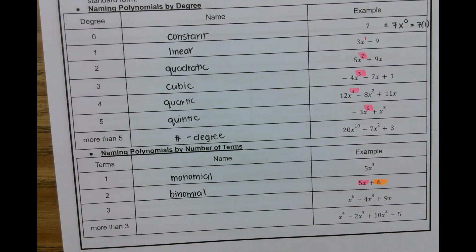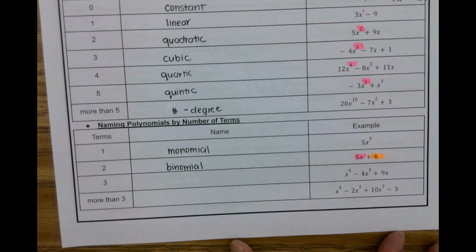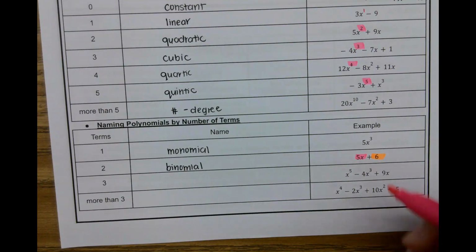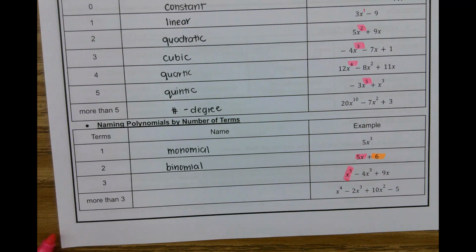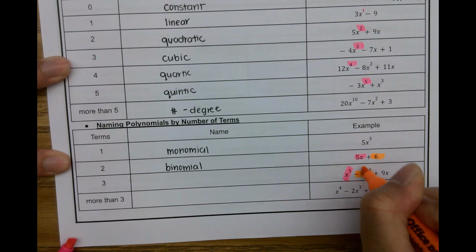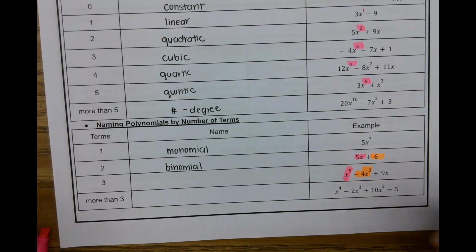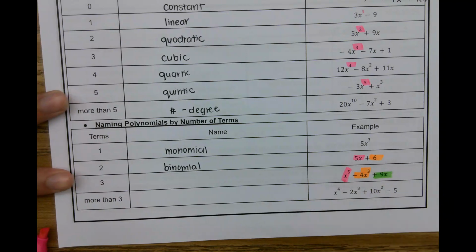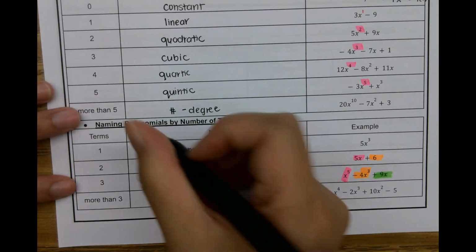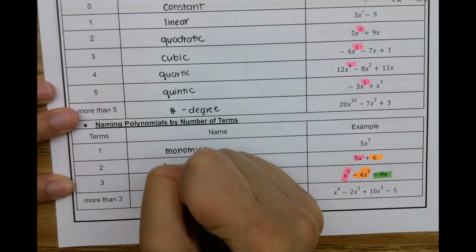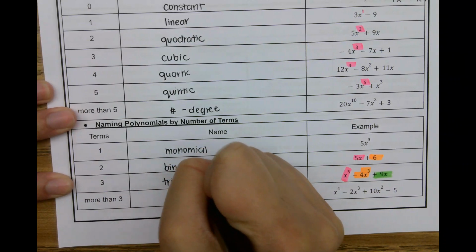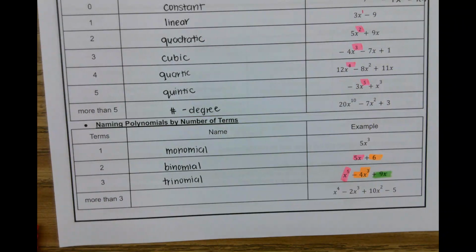When it has three terms, again, terms are separated by the addition and subtraction sign. So here we have one term, two terms, three terms. When we have three terms, this is a trinomial. And then anything more than three, right?